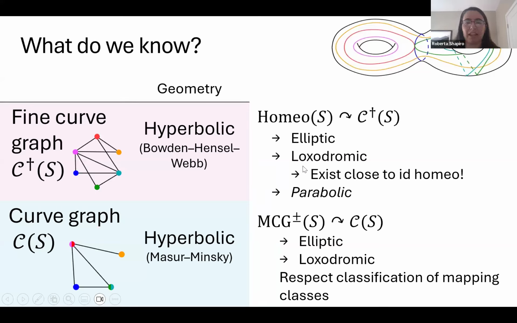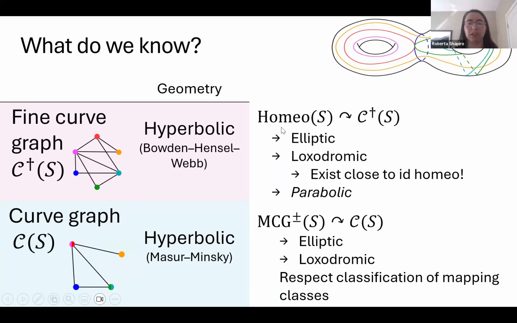Then we still have loxodromic actions, but now there are actually loxodromic elements of the homeomorphism group that exist arbitrarily close to the identity, so that are homotopic to the identity homeomorphism and exist in any open neighborhood of the identity. So that's maybe something that starts to get a little surprising because it's very different from what's going on in the mapping class group and curve graph case, which is well established.